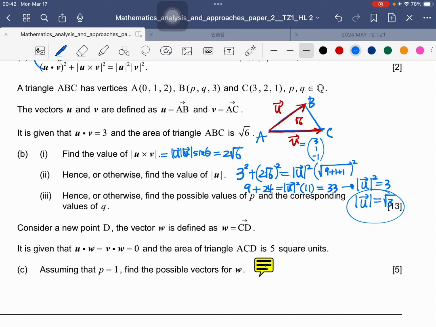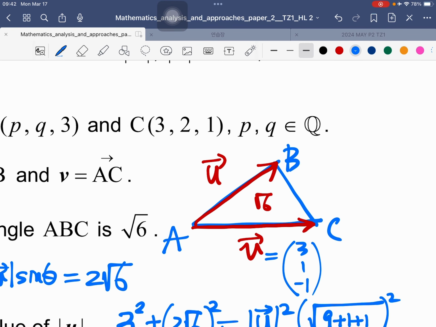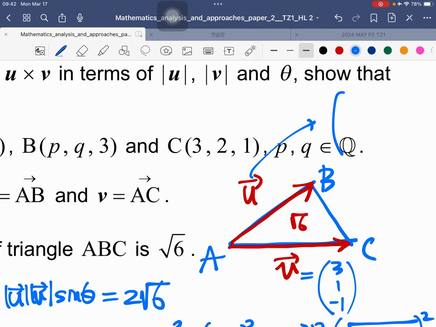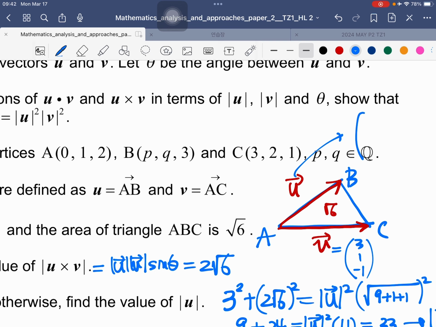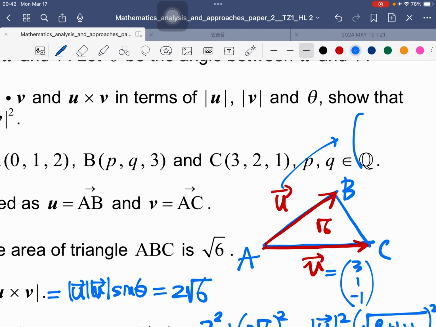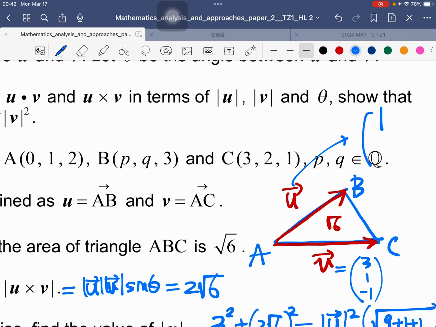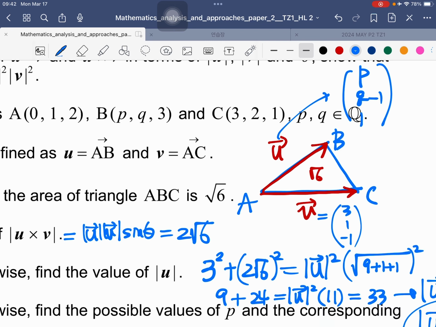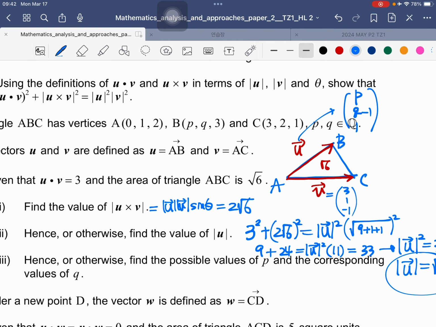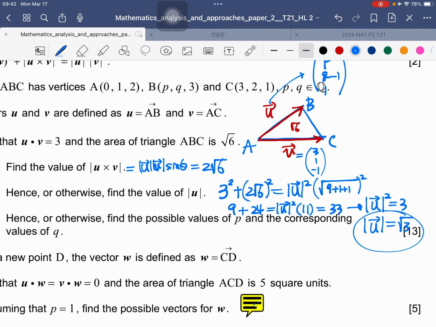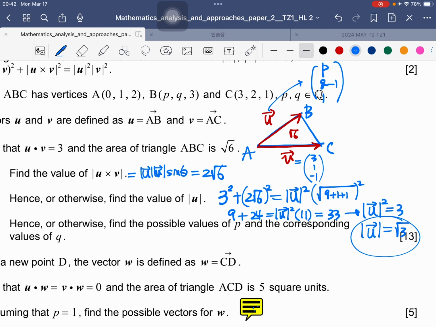This u vector is defined as the vector from A to B, so it's going to be (p, q minus 1, 1). The magnitude of that vector is square root of 3. That's one equation about p and q.